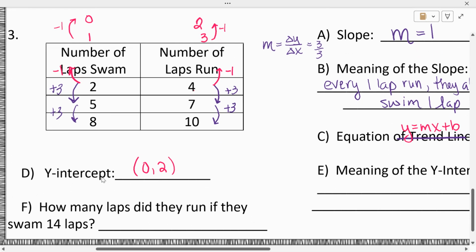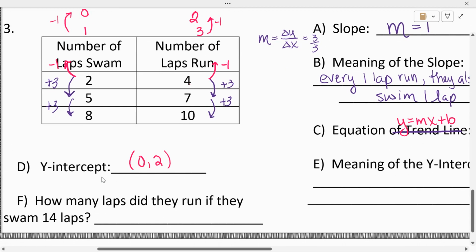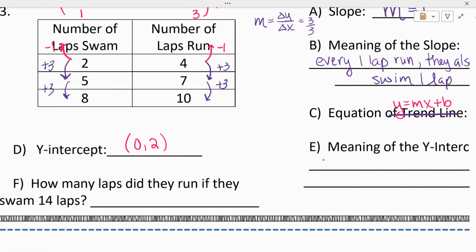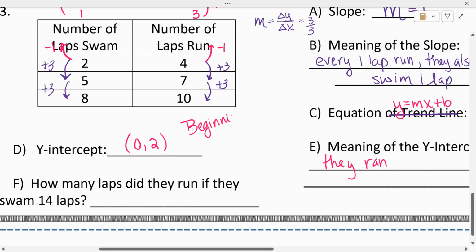So what does that mean? Yep, it means the y-intercept is 2. What does it mean? No, remember this is the beginning. Remember that the y-intercept is the beginning.